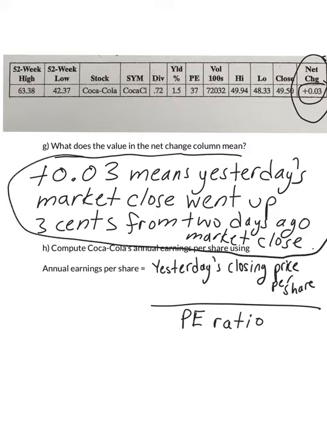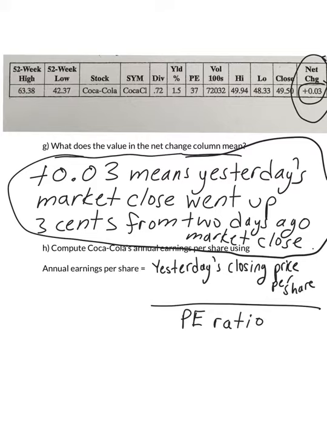So it's measuring the change in price over a 24-hour period from 2 days ago market close to yesterday's stock market close. And finally, H, compute Coca-Cola's annual earnings per share using the following formula.